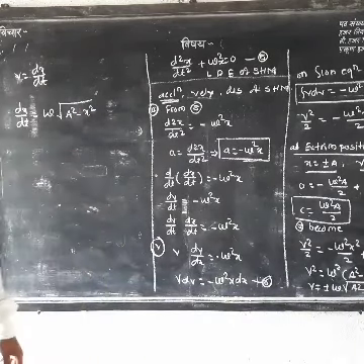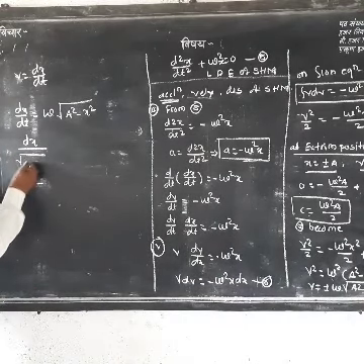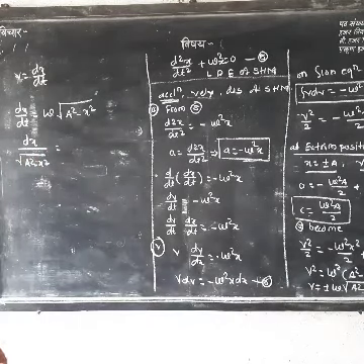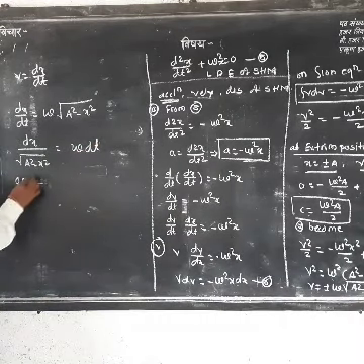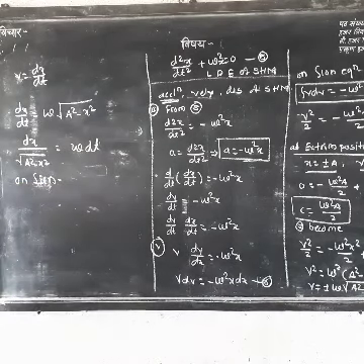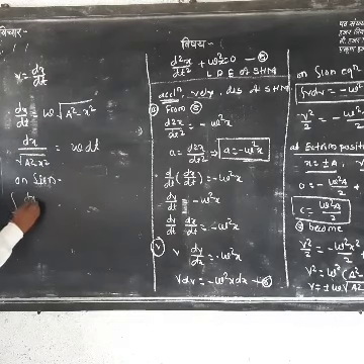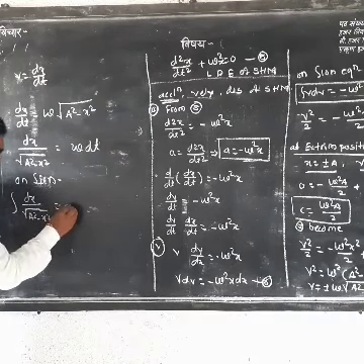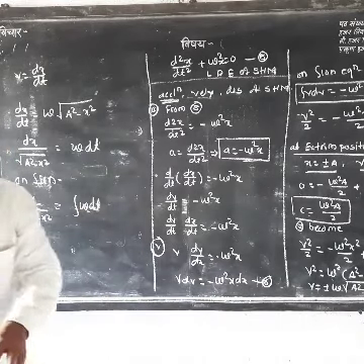Now again integrating this equation, we have dx upon under root of a square minus x square is equal to omega into dt. On integrating, the integration of dx upon under root of a square minus x square is equal to the integration of omega dt, where omega is a constant factor.